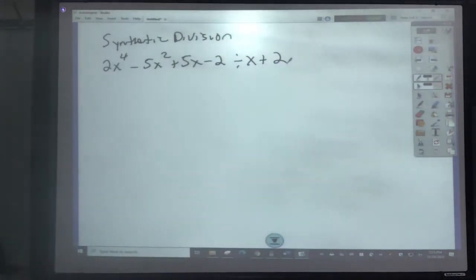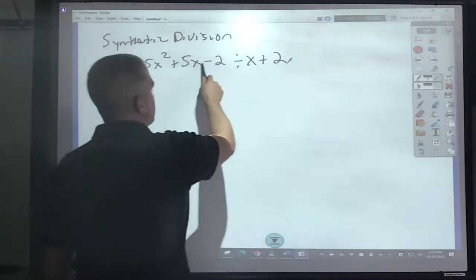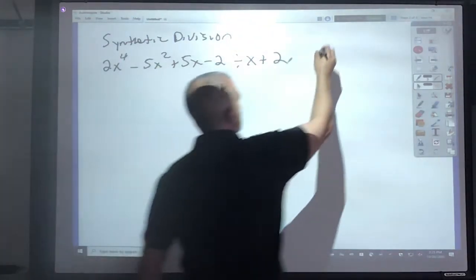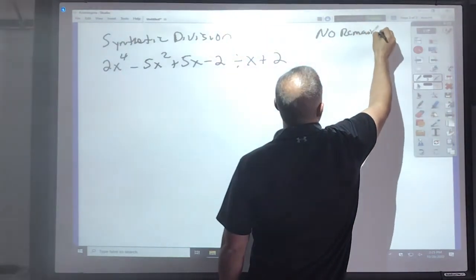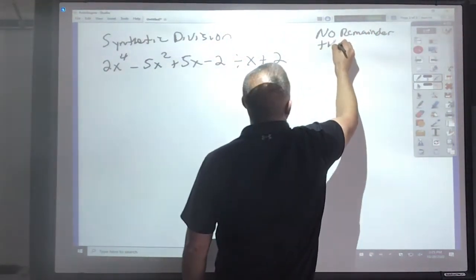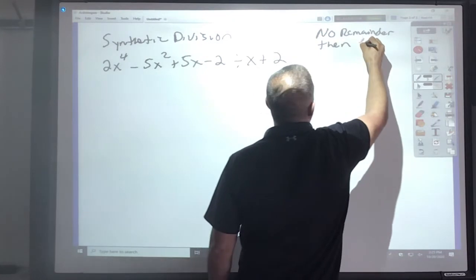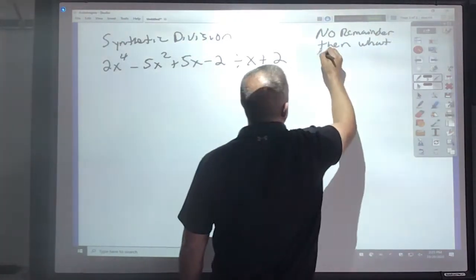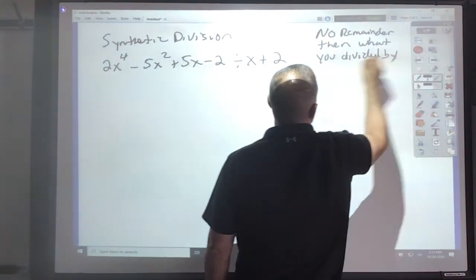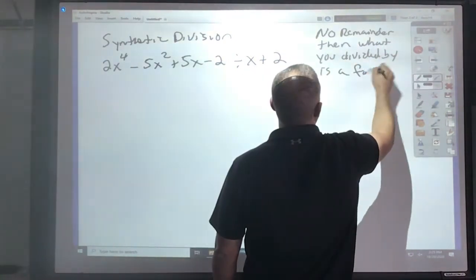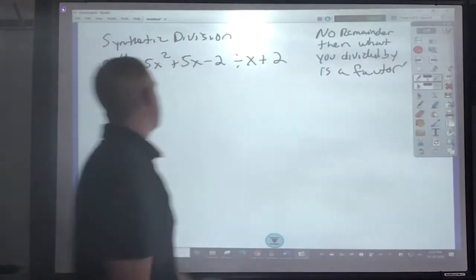So, here's how you handle this. The concept is, if you divide this, and just write this down, if you get no remainder, then what you divided by is a factor.